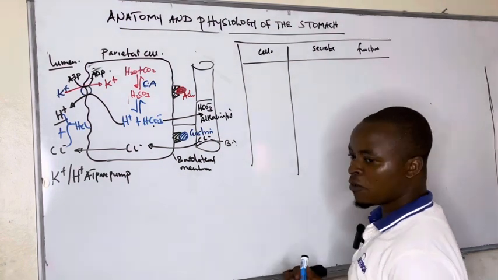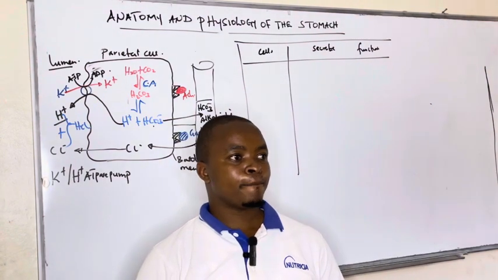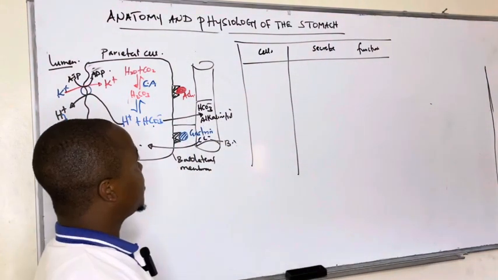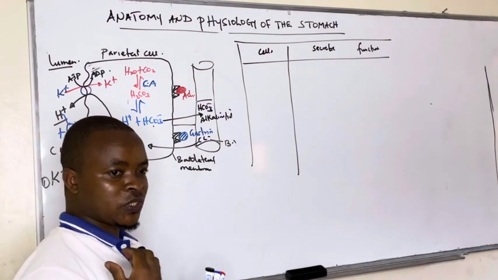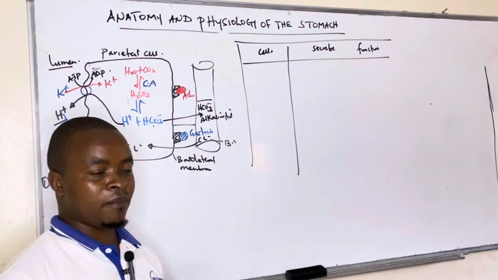And these cells are found within the mucosa. And the mucosa of the stomach is lined by the simple columnar epithelia.